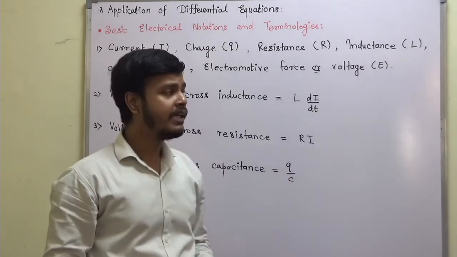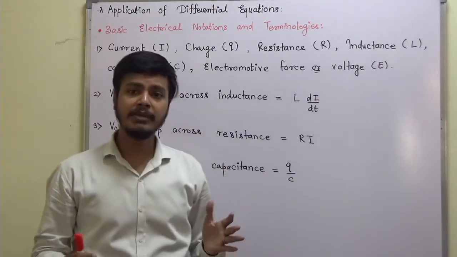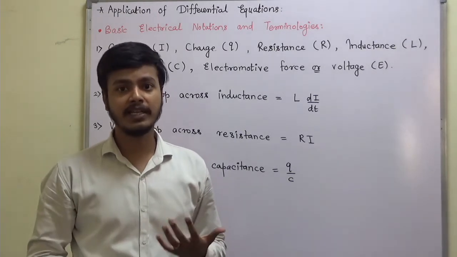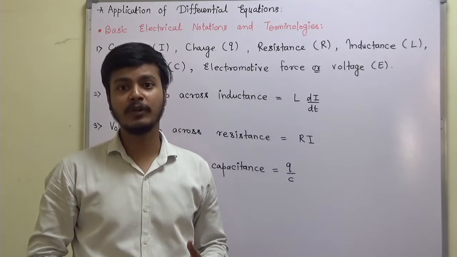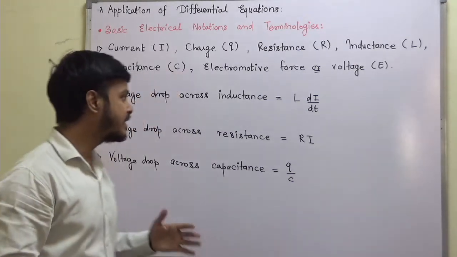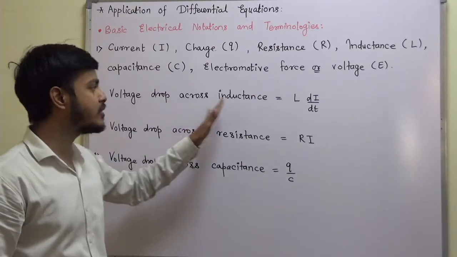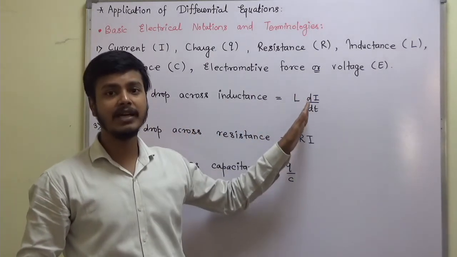Sometimes we will be given a differential equation, sometimes we have to form the differential equation and then solve. In such cases these things will be very handy. Voltage drop across inductance is L di by dt.